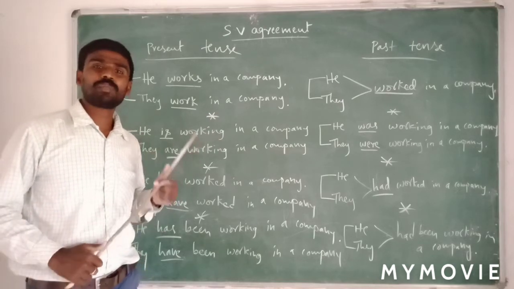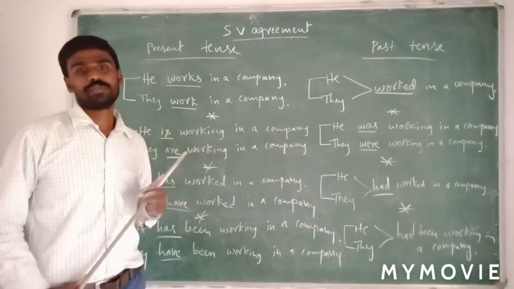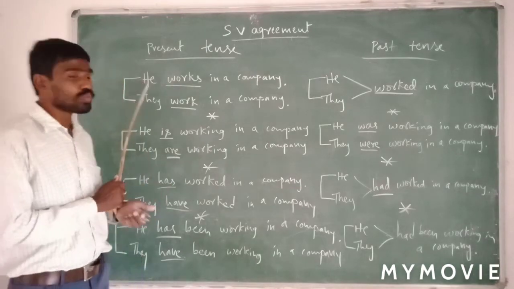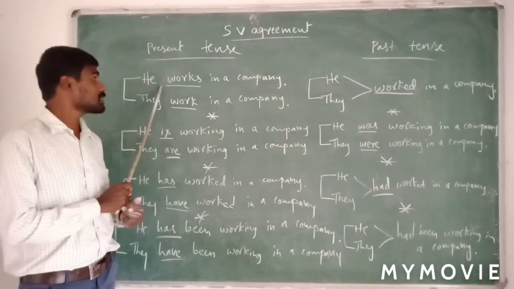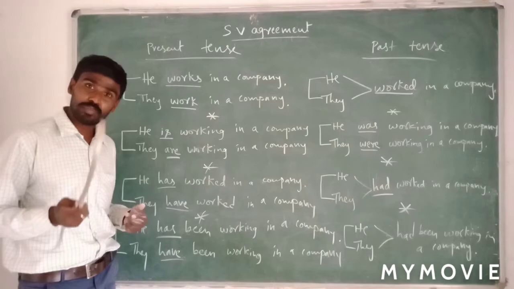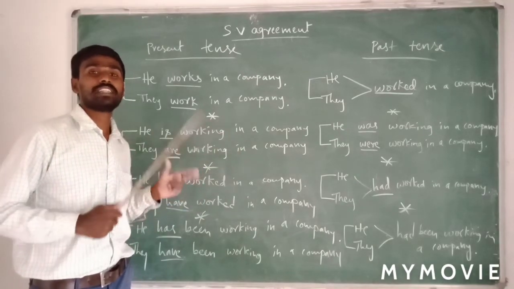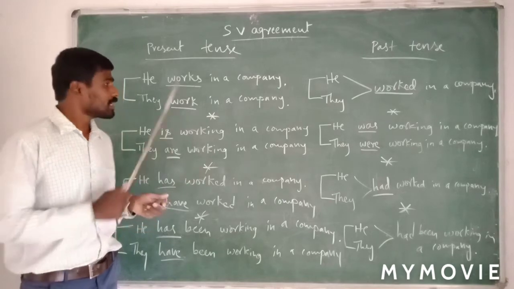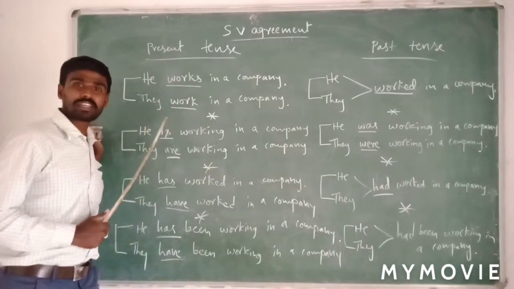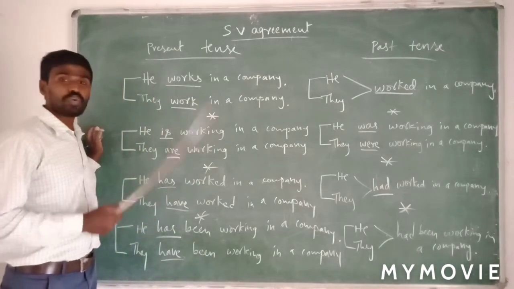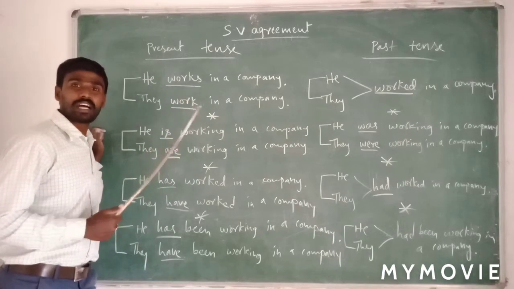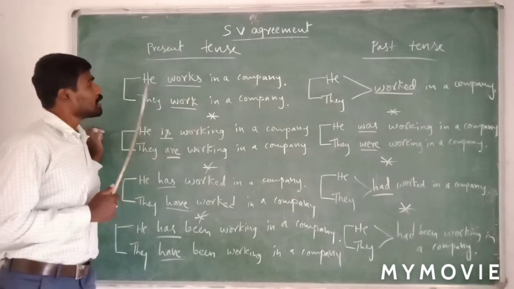There is an agreement between subject and verb. I have taken two subjects, a singular subject and a plural subject, to make you understand how this agreement works in sentences. Let us read these examples and try to understand how subject and verb agree.